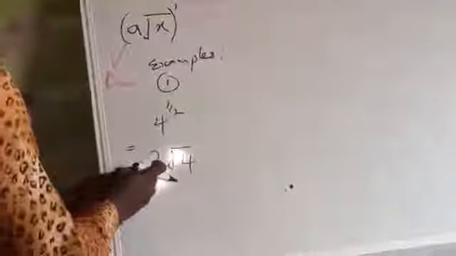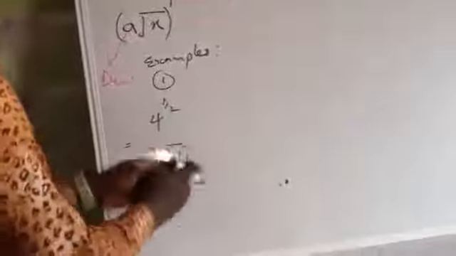So some people will write saying 2 root 4, just because this 2 is the denominator. Yes, I said the other time that what you're having at the denominator will stand as the number root of the base. Then we have all power of 1.